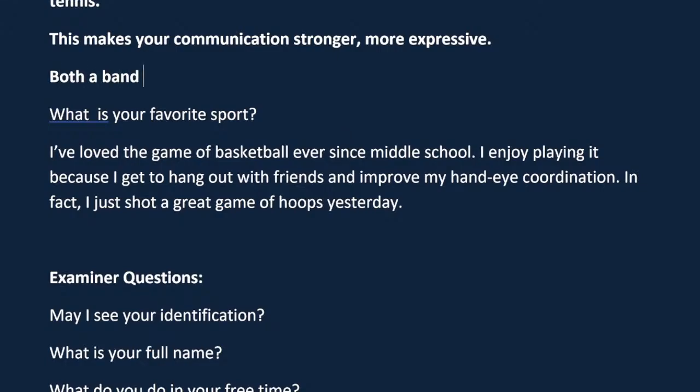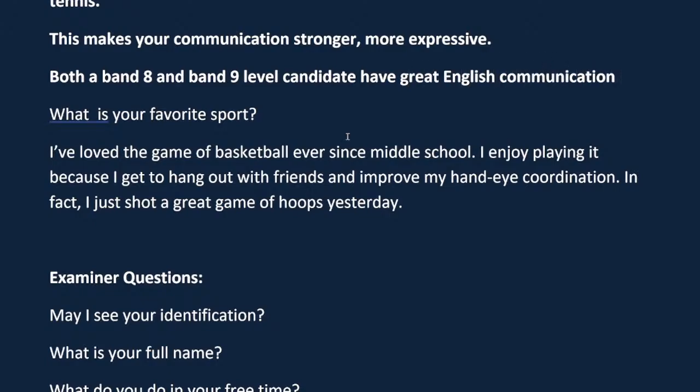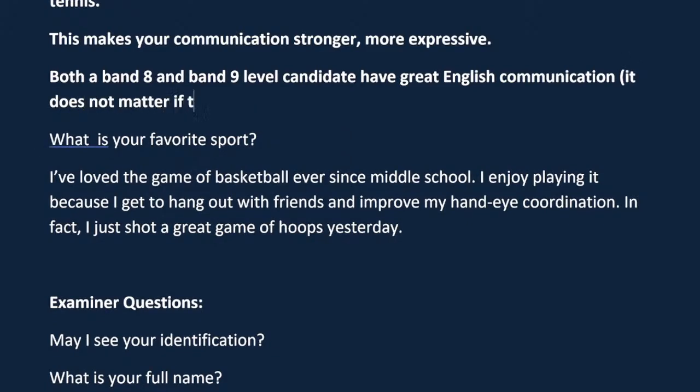So both a band 8 and band 9 level student or candidate have basically great English. And it doesn't matter if they're a native speaker or not native speaker. Okay. Native English speaker kind of stops at around the band 7.5 when people are thinking like, oh, I should sound like a native English speaker. And then after that point, it's much more about having excellent English communication.